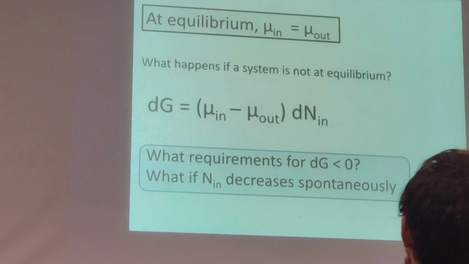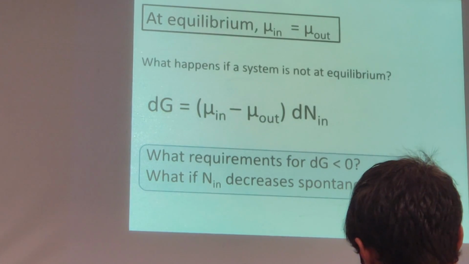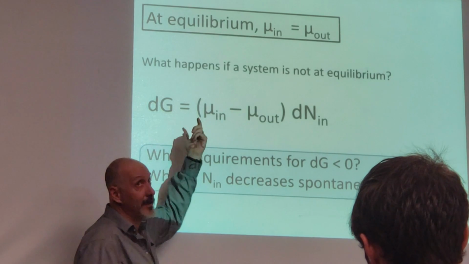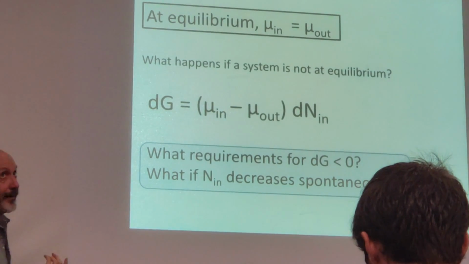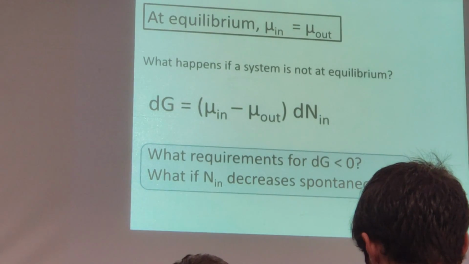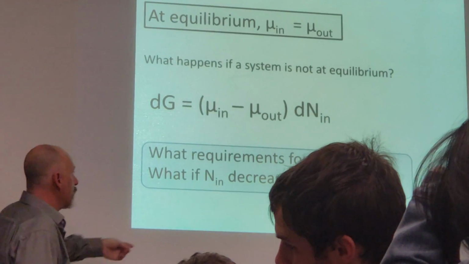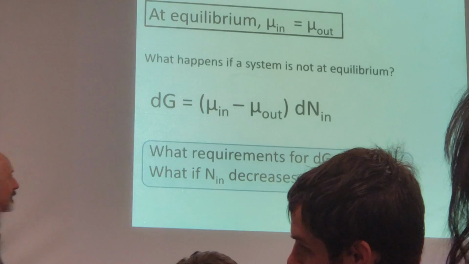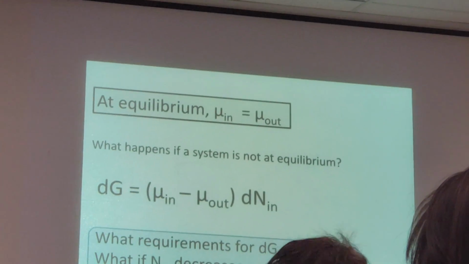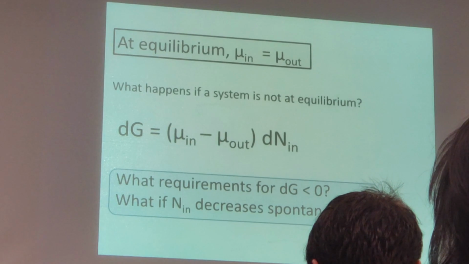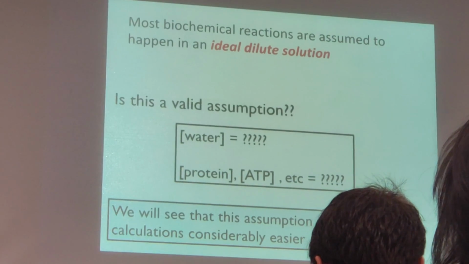They're not equal to each other, and which one has to be bigger? Yes, mu out should be bigger to make this a negative term. There's some physical meaning in that, and then I can think of situations in which N decreases spontaneously, and the signs would be opposite to each other. So it gives some meaning.